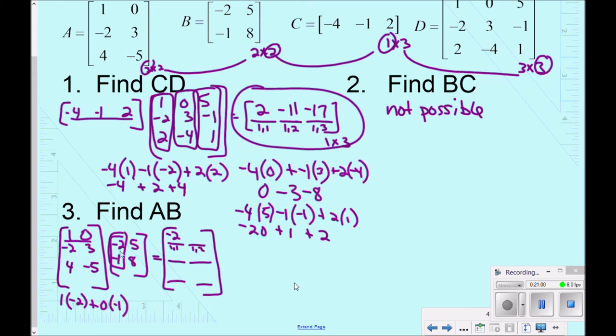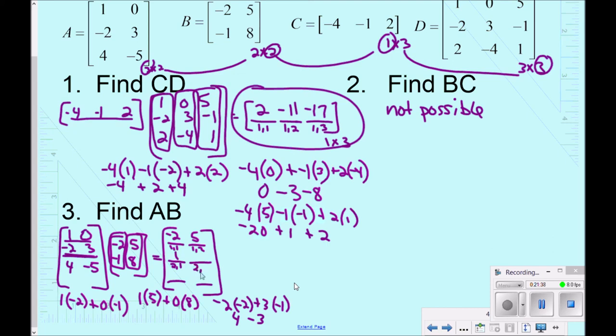So first row times the second column, 1 times 5 plus 0 times 8 gives me 5. Next, this is the second row, first column, 2, 1. So second row back to the first column. So that means negative 2 times negative 2, and then 3 times negative 1 gives me 4 minus 3, which is 1.